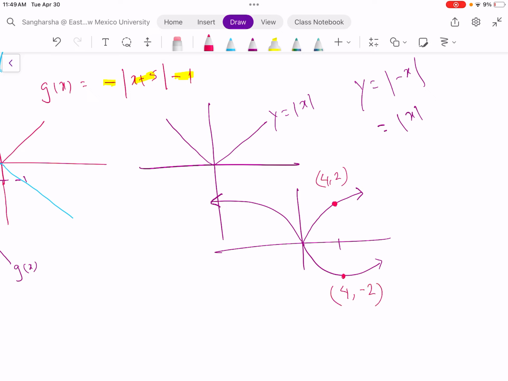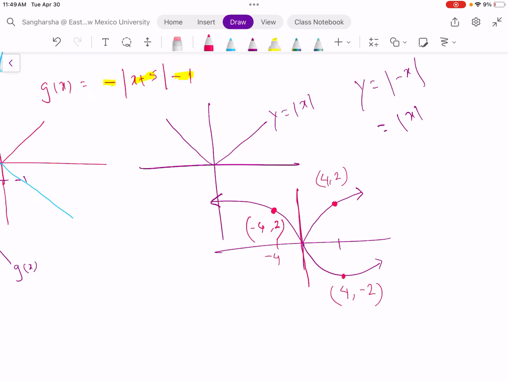If you are reflecting across the y-axis, the y coordinate remains the same, but the x changes to negative 4. So it's going to be -4, 2.